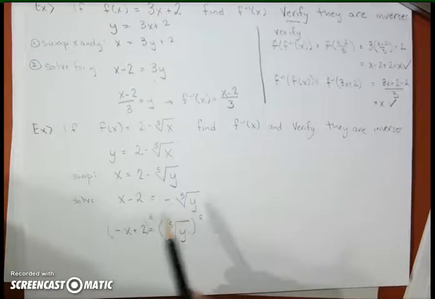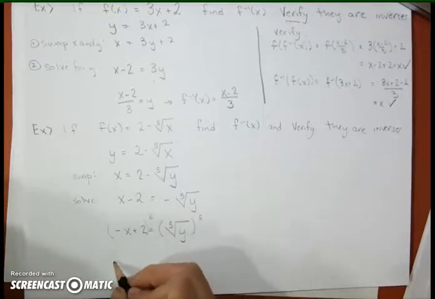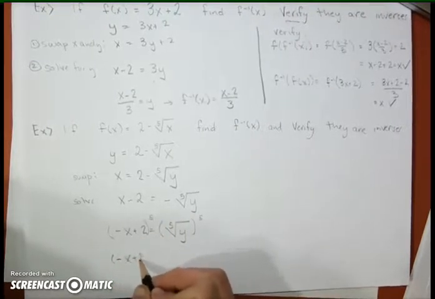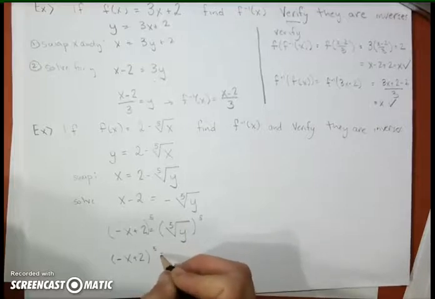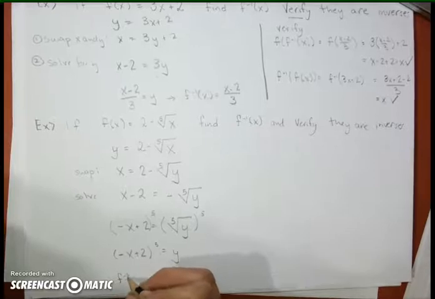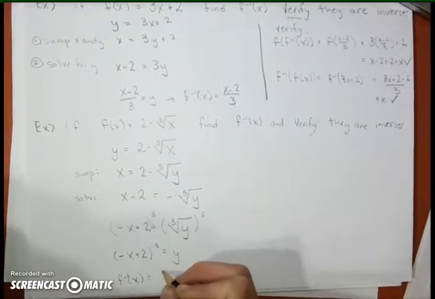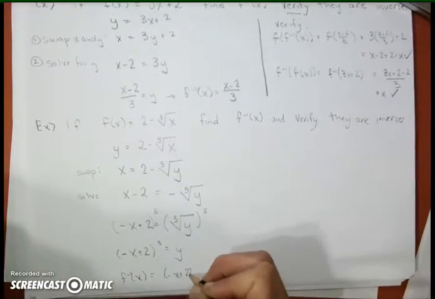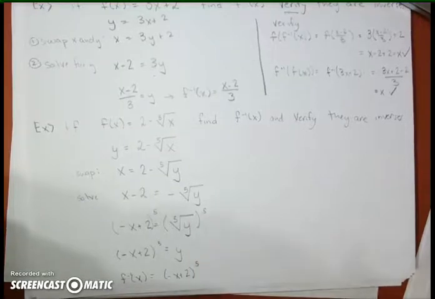Raising to the power of 5 undoes the 5th root. So I have negative x plus 2, to the 5th, equals y, which tells me f inverse of x equals negative x plus 2 raised to the 5th power.